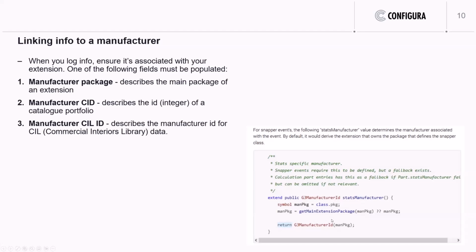So by default it will call, if you look down on the bottom right again, get main extension package. And so this by default will try to get that package for you. But if you need to customize this and say, hey, I'm going to this specific manufacturer, then you would override the method stats manufacturer in order to provide a different manufacturer ID.